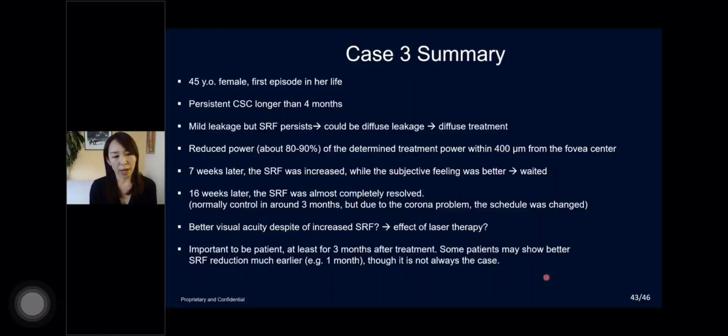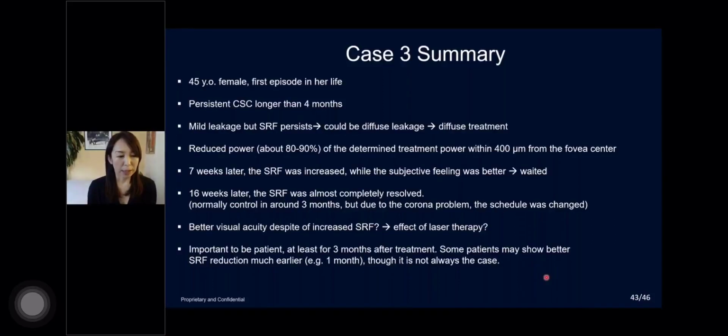And if closer to the center, reduced power was taken. 7 weeks later, subretinal fluid was increased, but the subjective feeling was better. So we waited, and after 16 weeks, SRF was completely resolved.